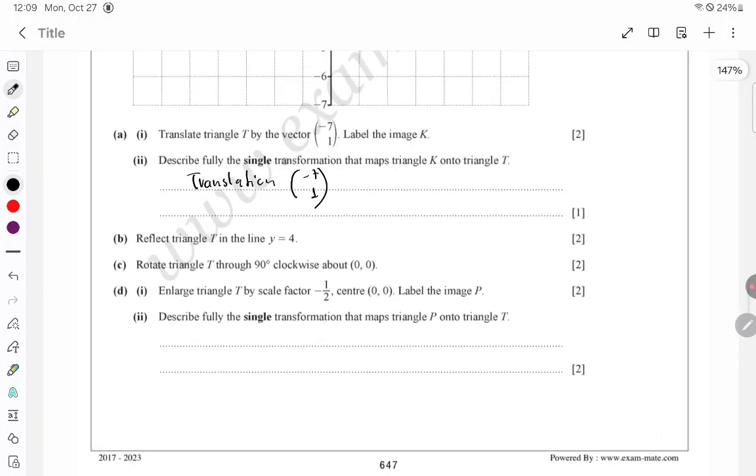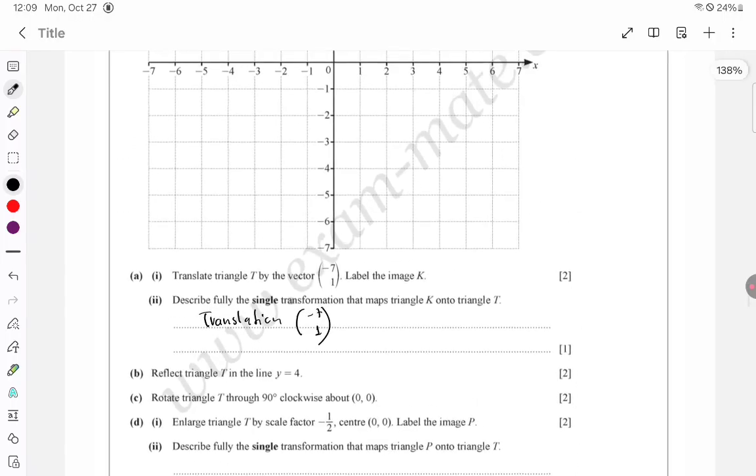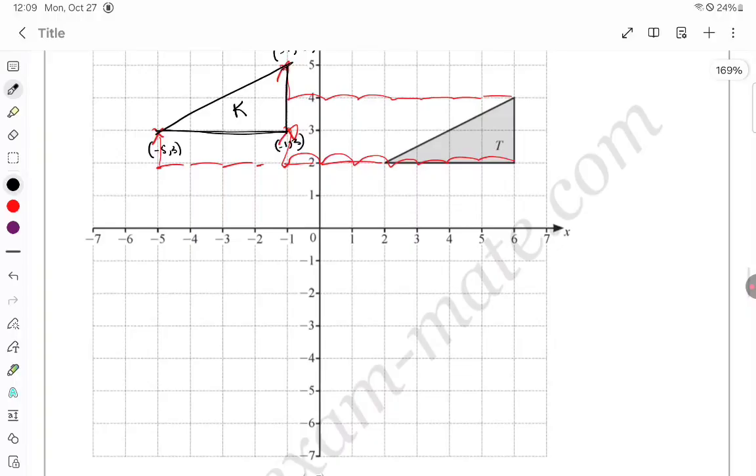In part B, reflect triangle T in the line y equals 4. So y is constant, equal to 4.